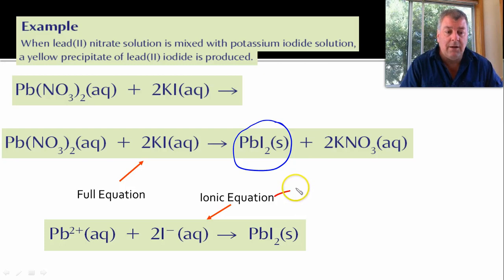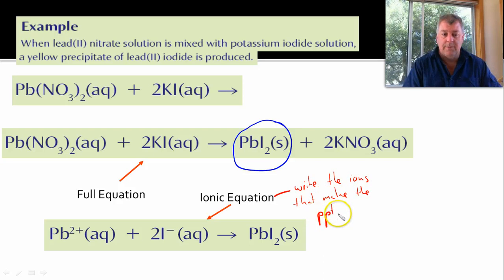You basically write the ions that make the precipitant, but make sure it balances. And in this case it balances because you've got 2 iodides and 1 lead ion.